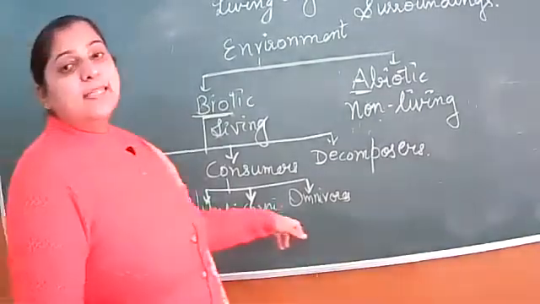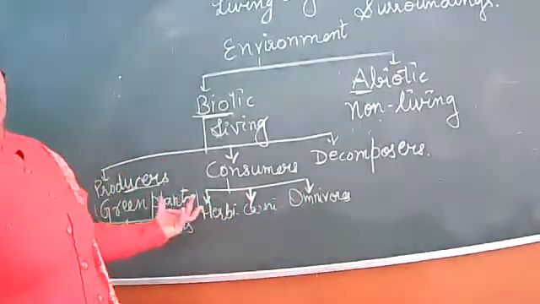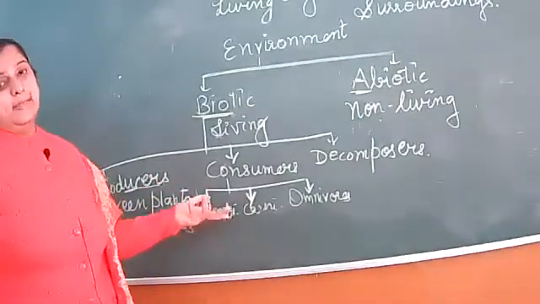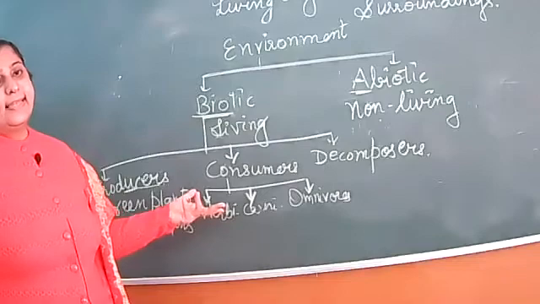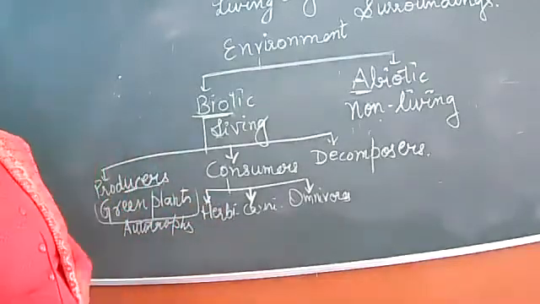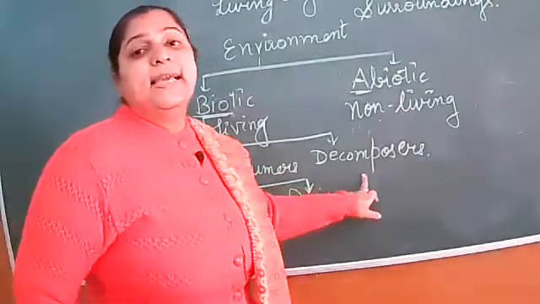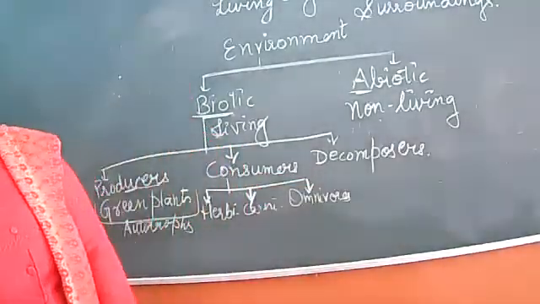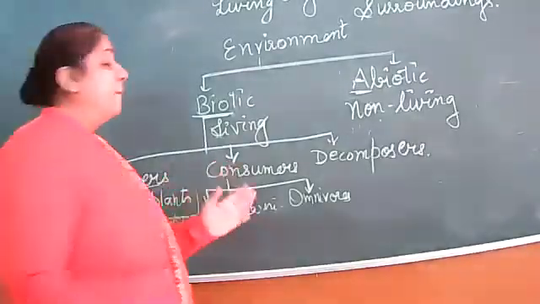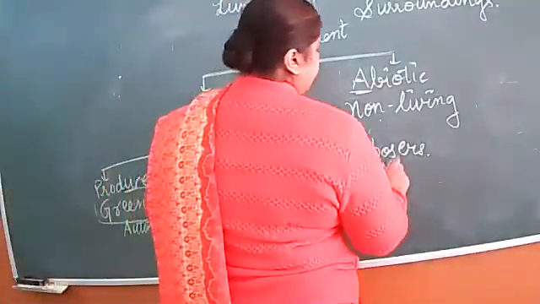Then omnivores that can eat both plants as well as other organisms, right? Like crow, bear, we humans. Then the last category is decomposers. What are decomposers? These are basically microorganisms.